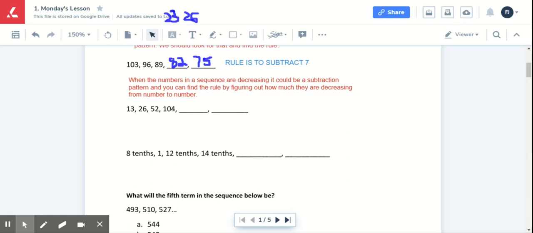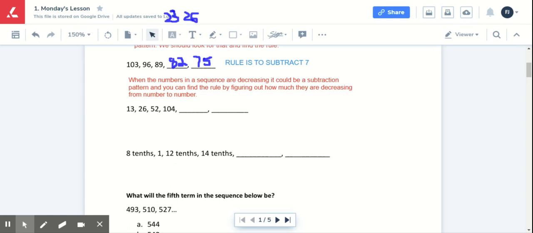Let's start looking at addition. If we go from 8 tenths to 1, we know we're adding 2 tenths. So maybe the rule is adding 2 tenths. Let's see if that's true when we go from 1 to 12 tenths. Yep, we're adding 2 tenths.